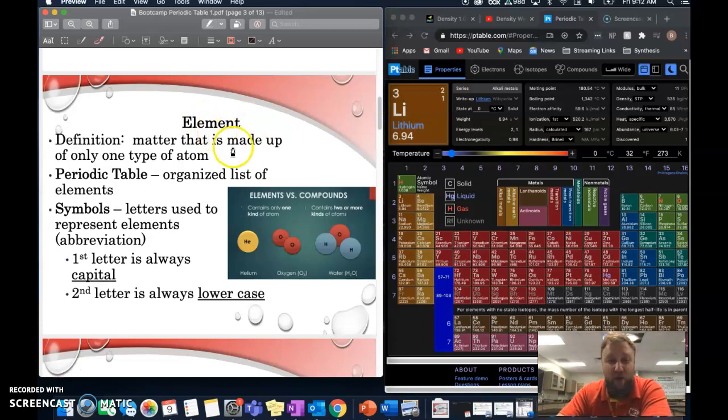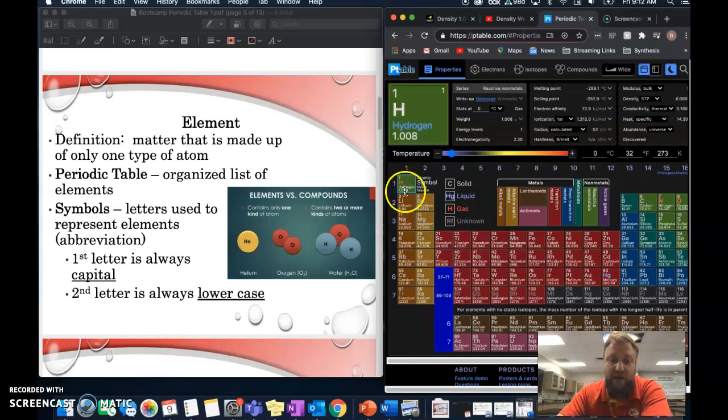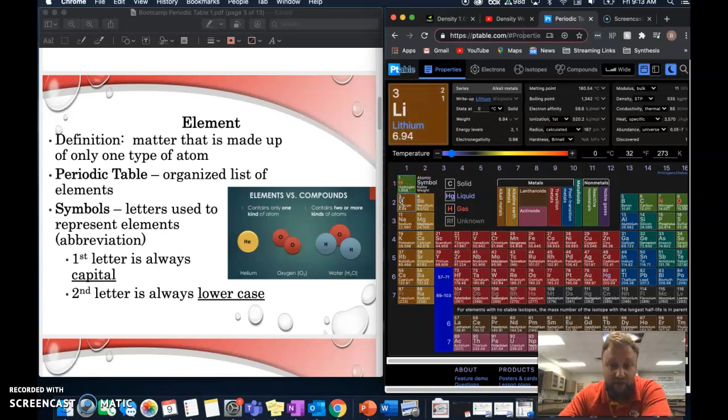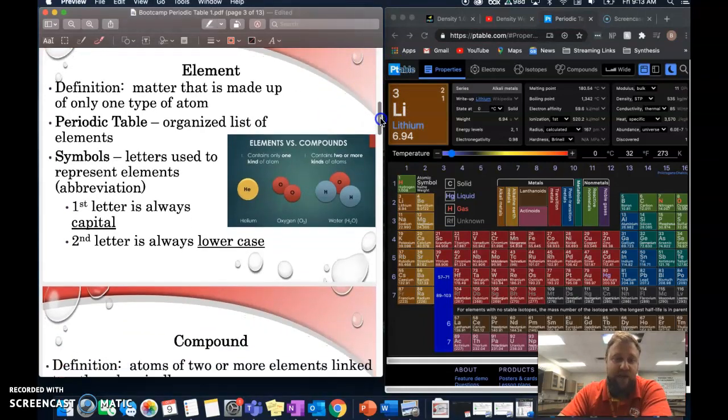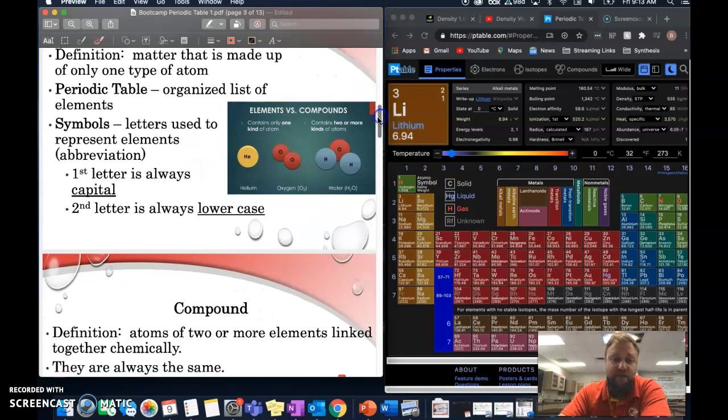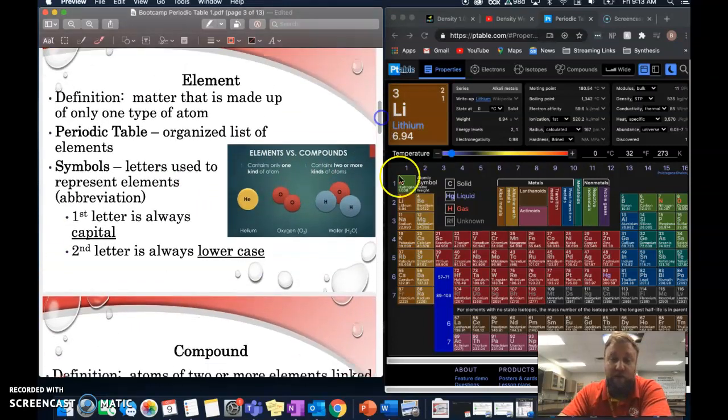So remember how we know which atom is which, by the number of protons, which is given by our atomic number found at the top of our tiles on our periodic table. So depending on what element I want, if I want to know how many protons it has, which indicates what element it is, that number is going to be at the top, our atomic number. So an element is a specific type of atom. The periodic table is how we organize those specific atoms.